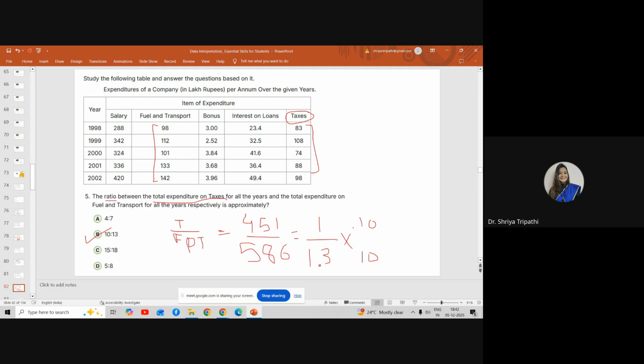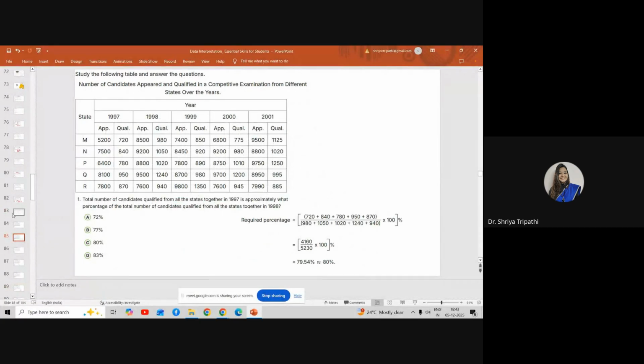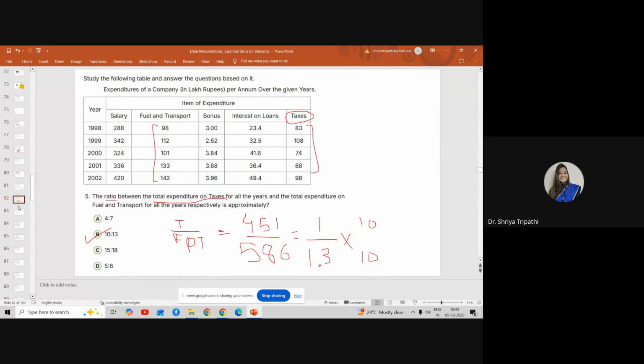Yes, everyone? Simply, even if you don't multiply, 1 by 1.3, you can calculate. The answer is option B, 10 is to 13. Yes? Shall we move ahead? Yes, ma'am.